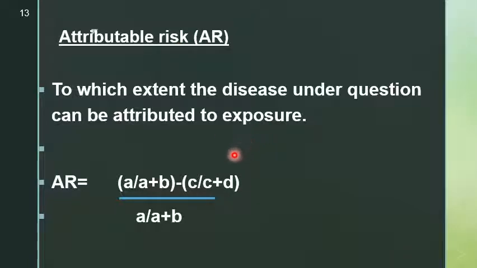But yes, I have given it; if somebody wants to remember, it is the ratio of the rate in the study group minus the rate in the control group, divided by the rate in the study group. So to which extent this disease can be attributed to the exposure. So whether there is an association or what is the strength of association can be calculated by case cohort studies.